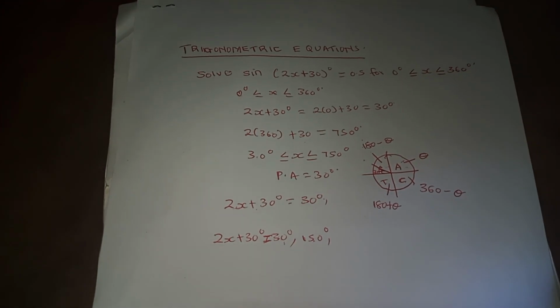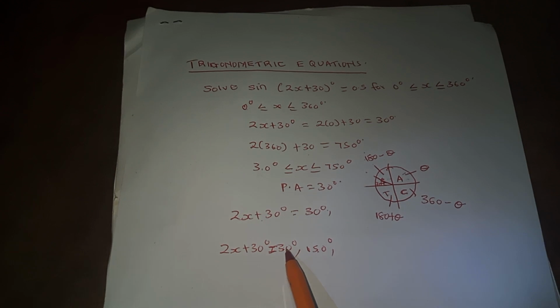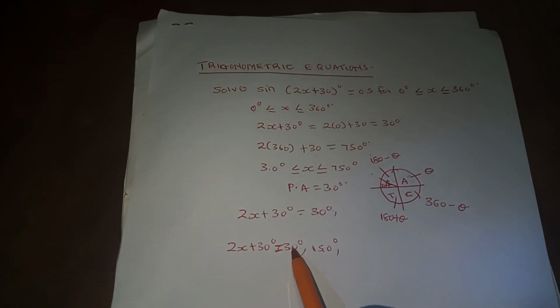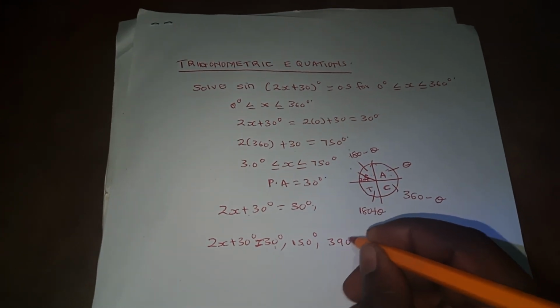The first angle is 30 degrees. So what you basically do is add 360 to this 30 degrees. That gives me 390 degrees.